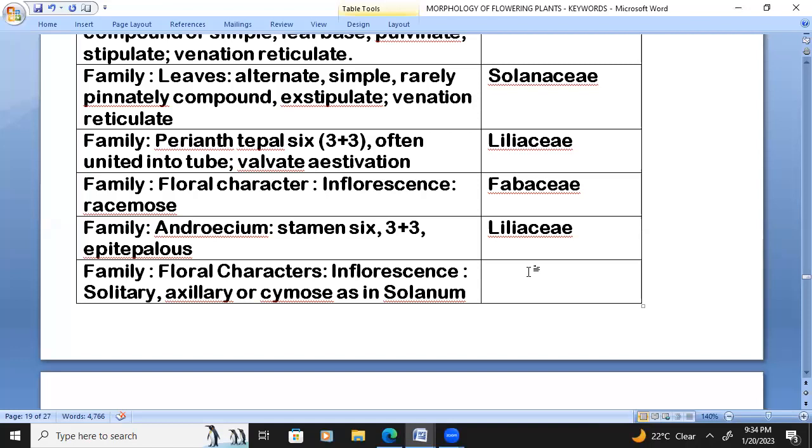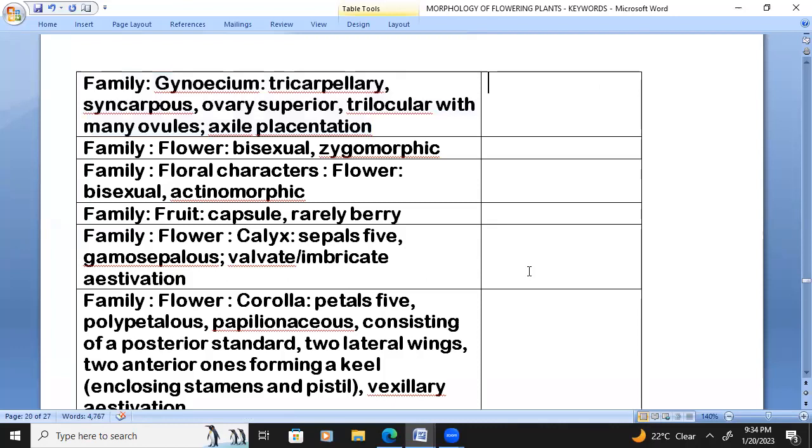Floral characters, inflorescence solitary, axillary or cymose, as in Solanum, Solanaceae. Gynoecium tricarpellary, syncarpous, ovary superior, trilocular with many ovules, axile placentation, Liliaceae.